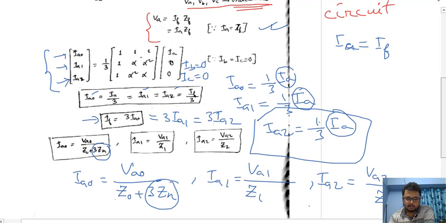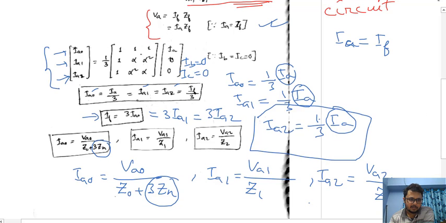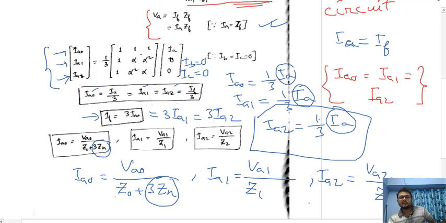Now see how we will be able to draw the diagram. The currents IA0, IA1 and IA2 are equal. That means all the sequence currents are equal. What do you mean by this? That means all are flowing in series. That is why this current and this current are equal.